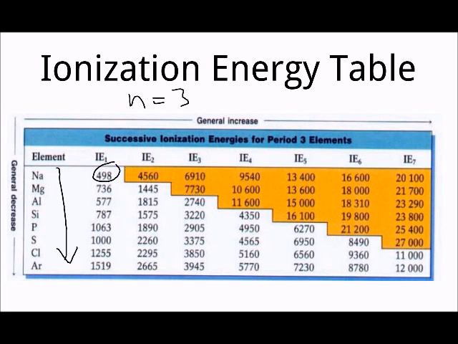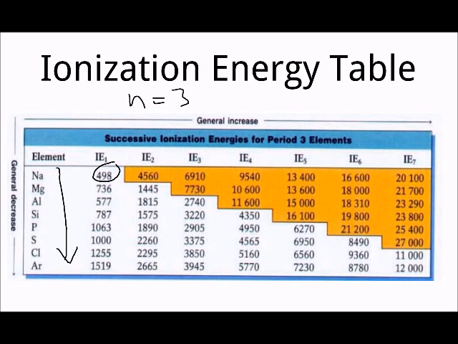For one thing, when we jump from magnesium to aluminum, which are the second and the third atom on this table, we see that there's a bit of a discrepancy in the ionization energy. It actually drops for aluminum, even though the general trend is to increase as we're going down. How can we explain this? Well, this break in the trend can be explained by the fact that it requires more energy to pry an electron from an s shell than it does from a p shell.